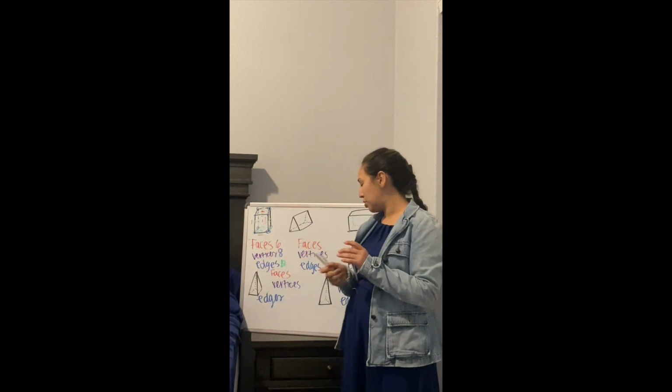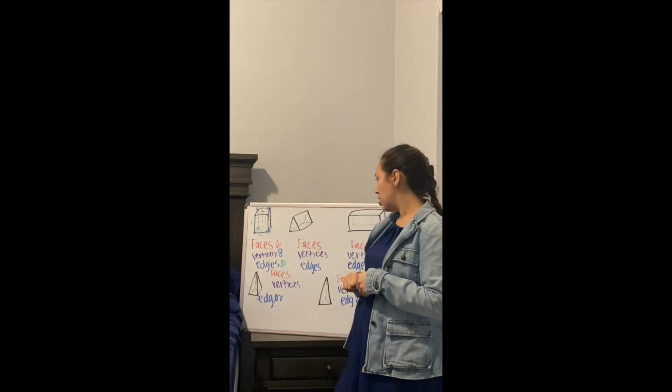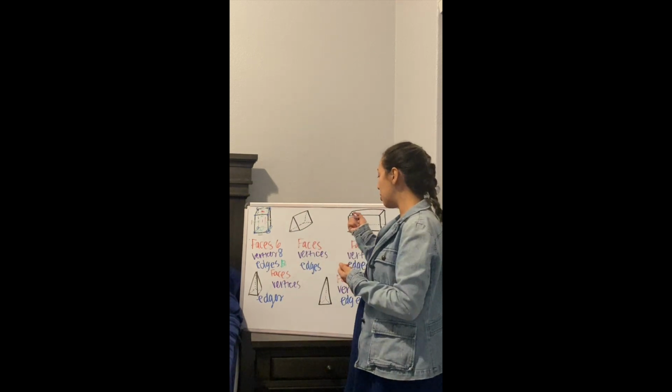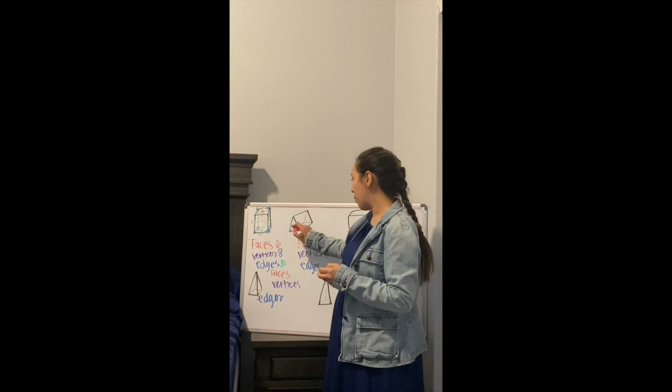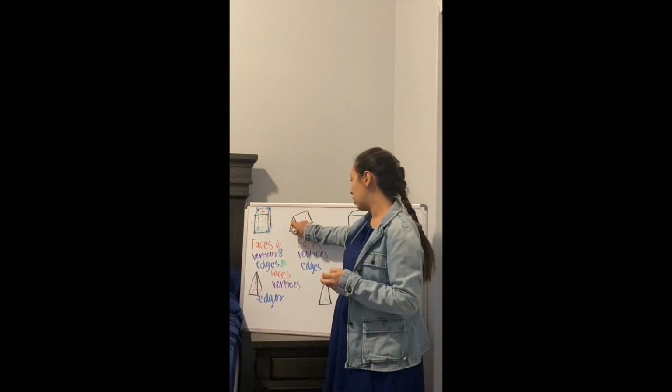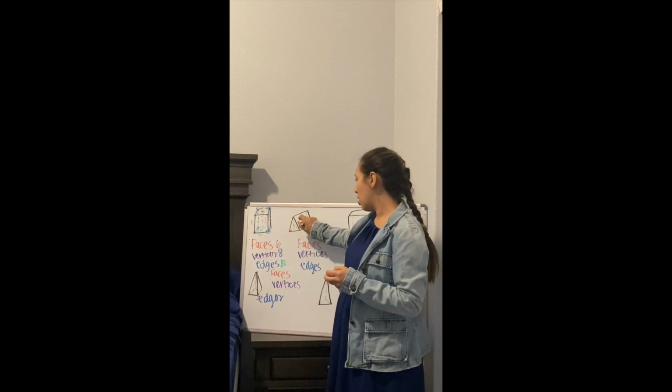Okay. What about our next shape? Do y'all know what our next shape is? It's a triangular prism. Very good. Okay, so faces. We have this triangular face, the one over here, the one on this side, the one on this side, and then the bottom.